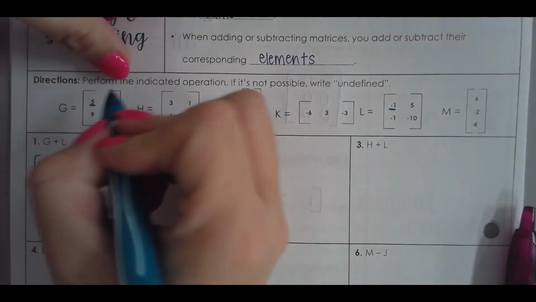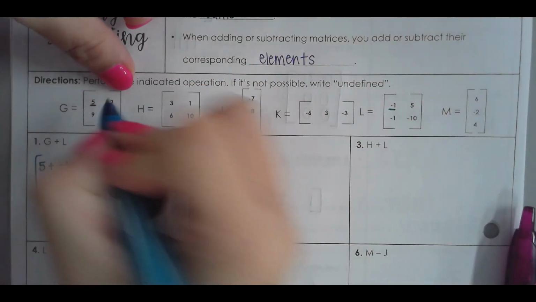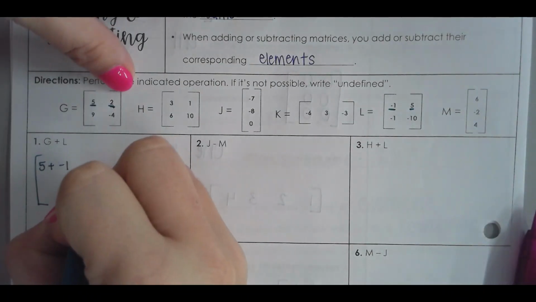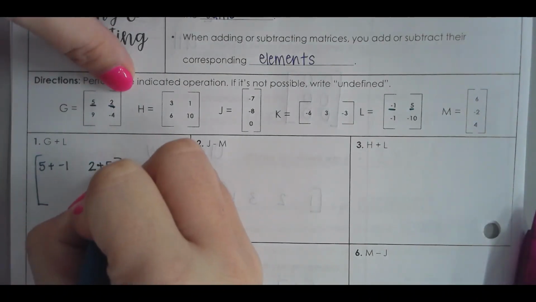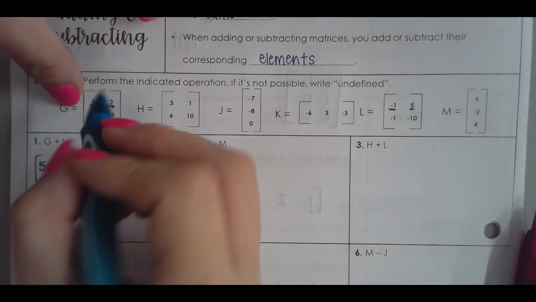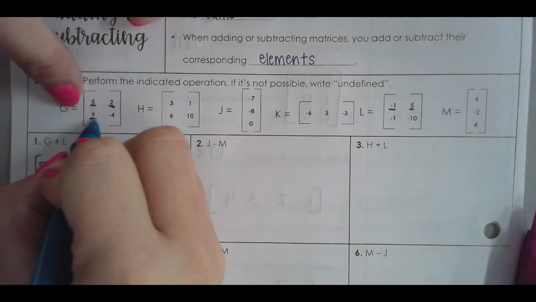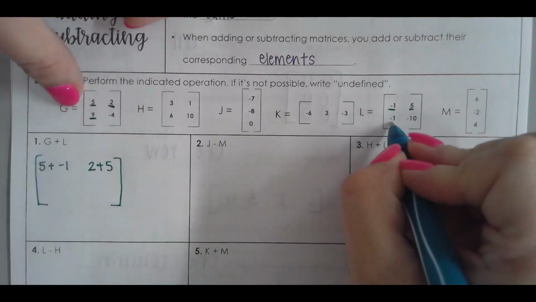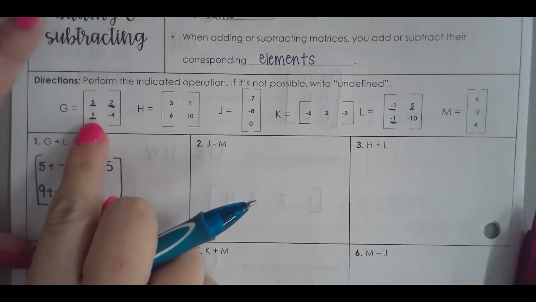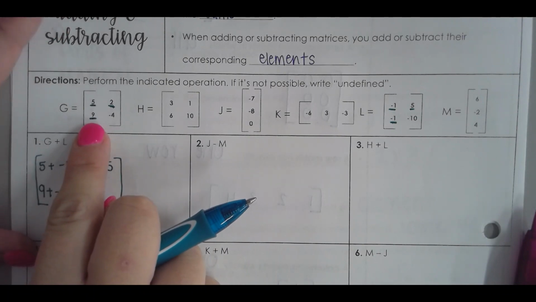Okay, we're going to add 2 and 5. We'll add 9 and -1. Those are both second row, first column.